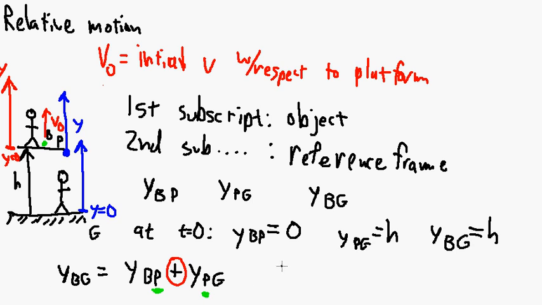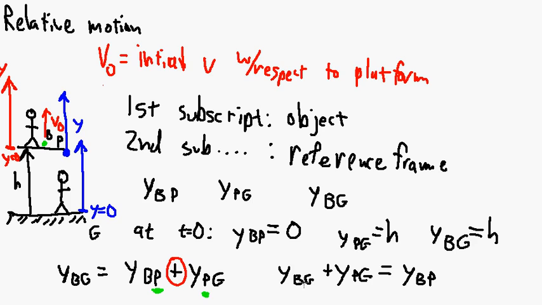So for example, say you want to try Y of the ball in the ground frame plus Y of the platform in the ground frame equals Y of the ball in the platform frame. Does that work?